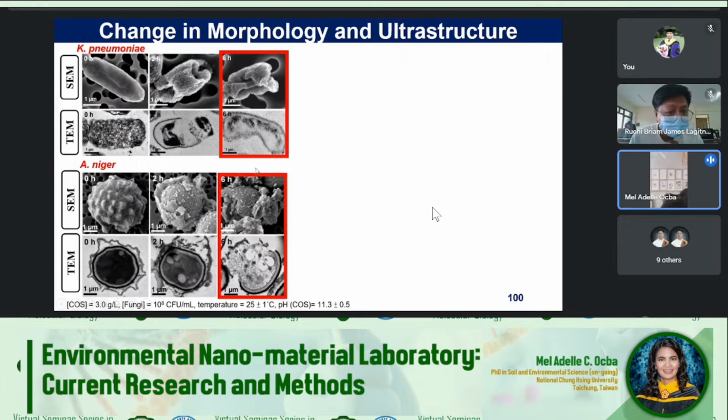For the A. niger using SEM, we can just see the surface and we cannot assure if the cell has been damaged inside. For the TEM, it is very clear that the cell has been damaged. So that's the difference between the SEM and TEM.